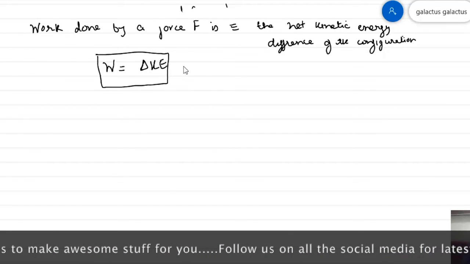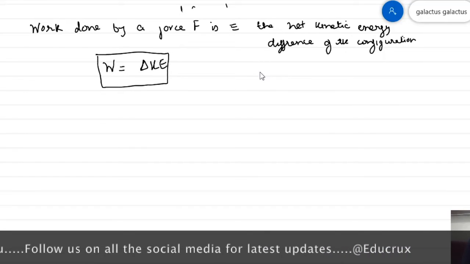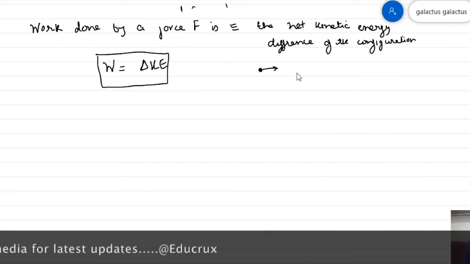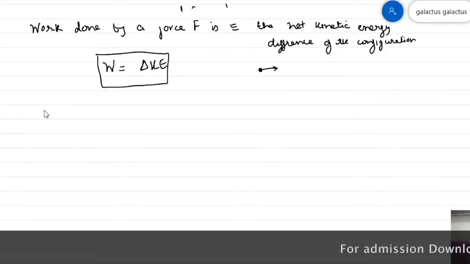I have just considered a simple example, that is motion along the horizontal direction, to introduce the concept of the work energy theorem. But let us now define work in general.